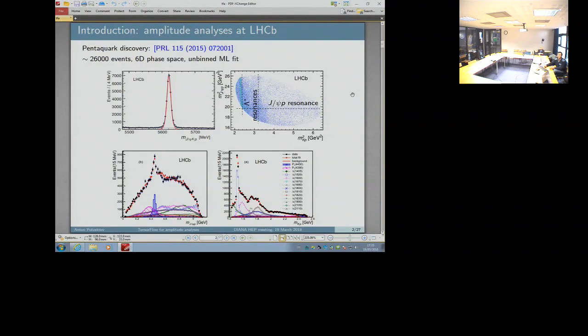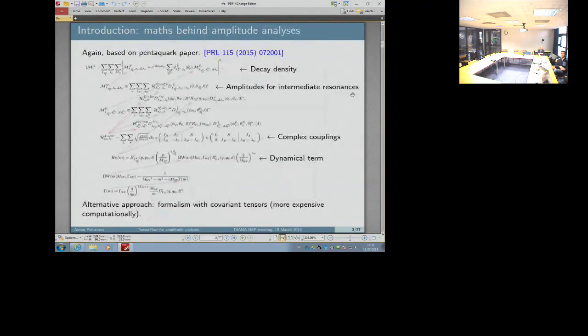So what kind of math are we dealing with here? This is shown in this slide. Obviously, you don't have to understand this immediately.